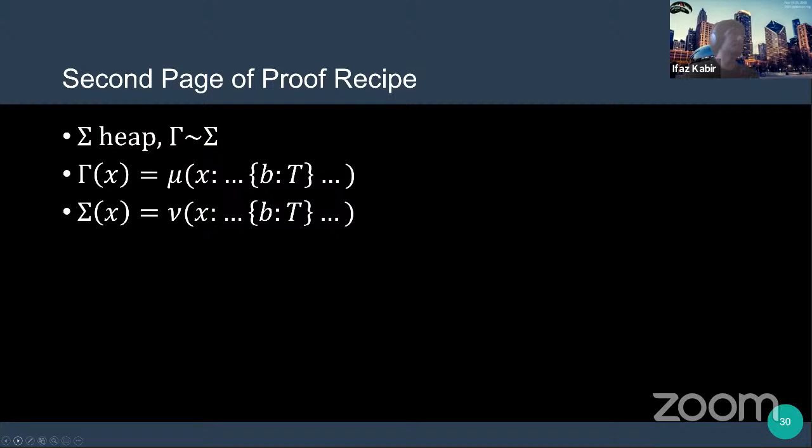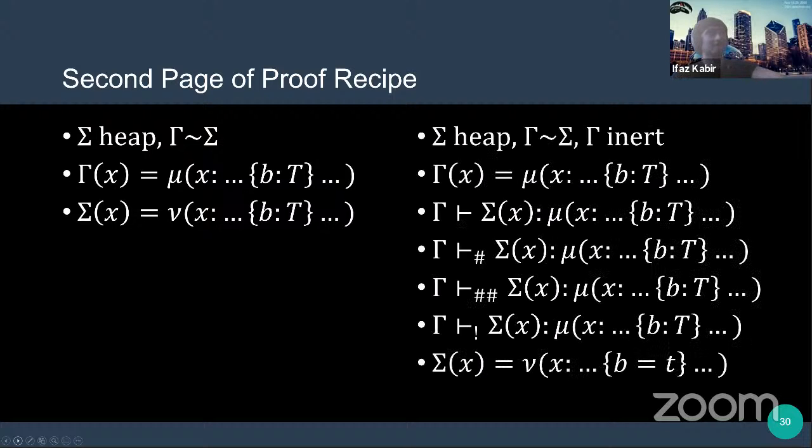So now our second page of the proof recipe looks like this: if sigma is a heap and the typing context gamma corresponds to the heap, and the typing context maps the reference X to some recursive object type, then by direct inversion, you get that the item in the heap has to be this object. Previously, we had a lot more steps. One nice thing is that previously we needed an inert context for some of this inversion, and we do not anymore.